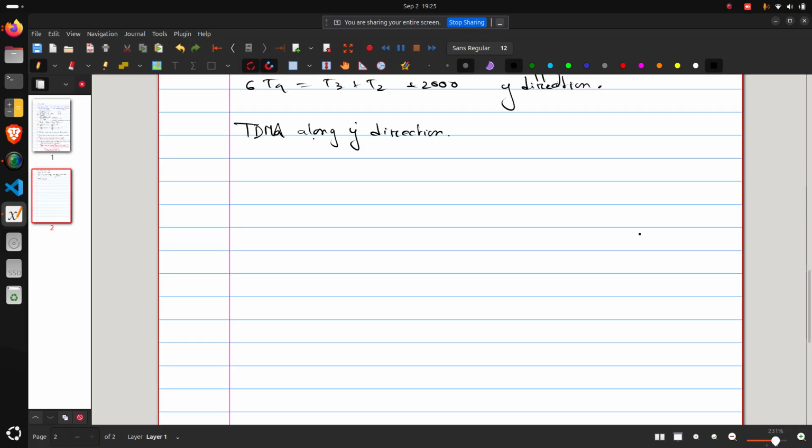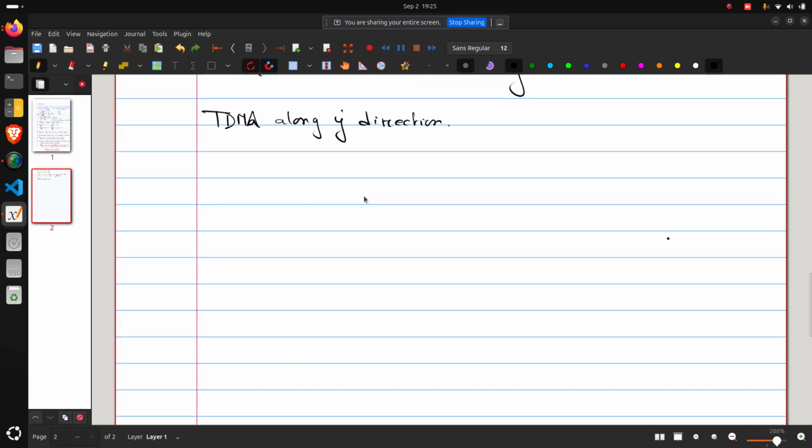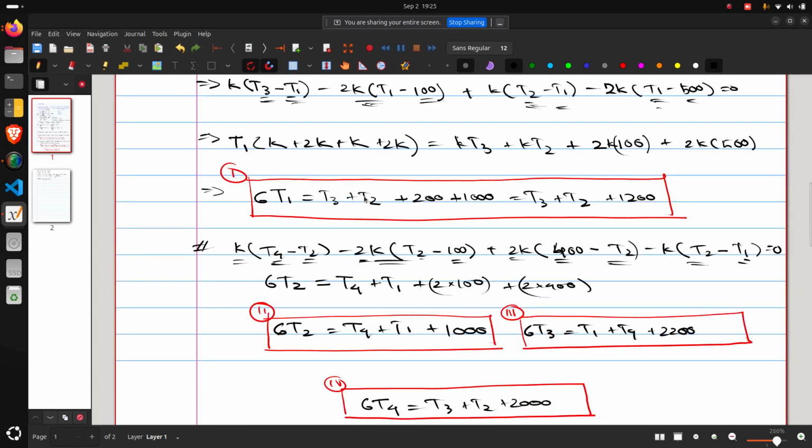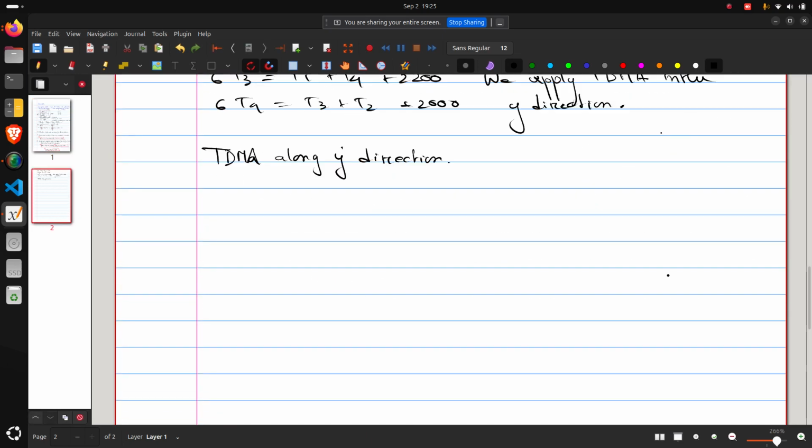So first we have to assume some guess values for T3 and T4. So let me just draw it here. This will be helpful.